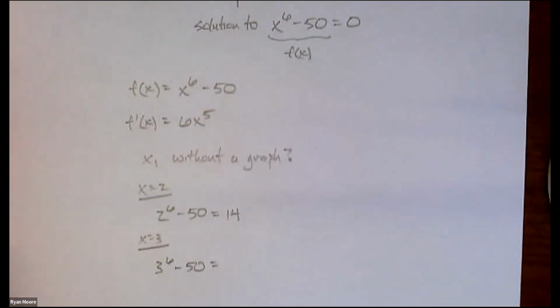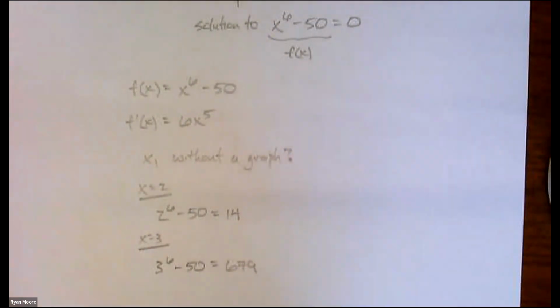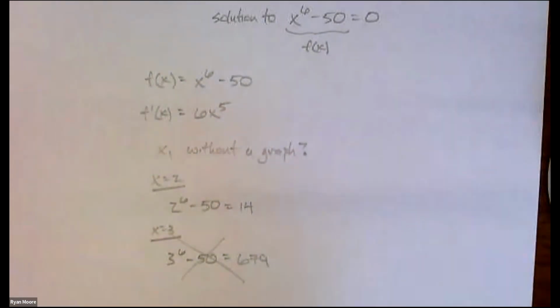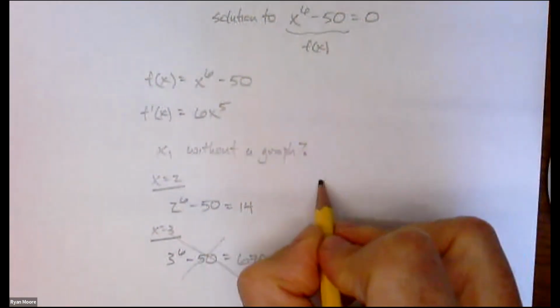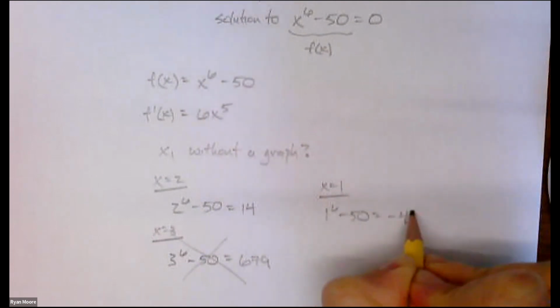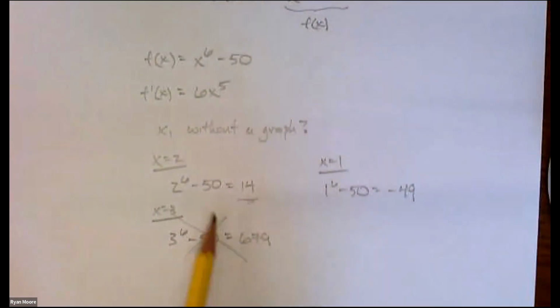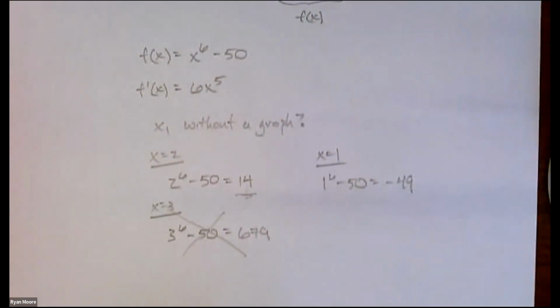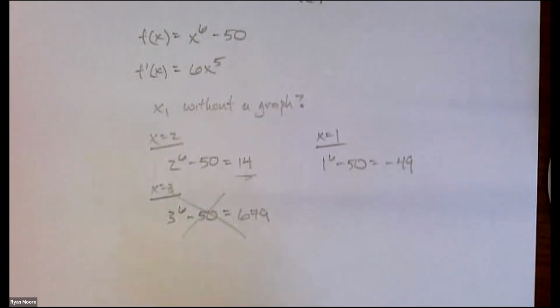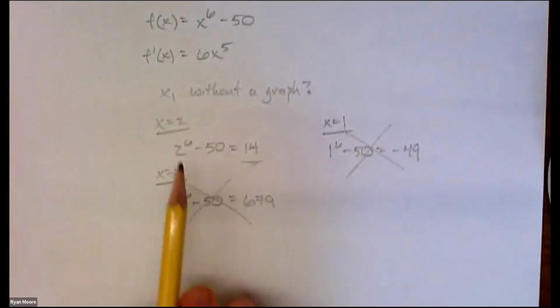Okay, that's 679. So we're not going to go with this. At x equals 1, 1 to the 6 minus 50 is negative 49. So the closest thing we have is 14 coming from x equaling 2. Let's start with x equals 2.